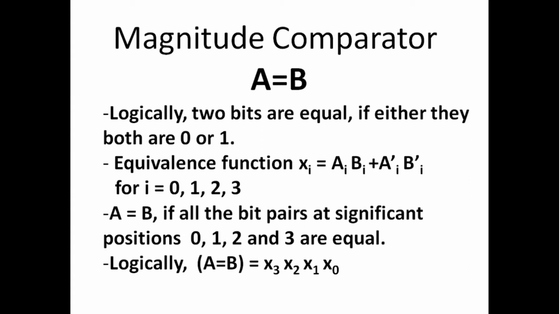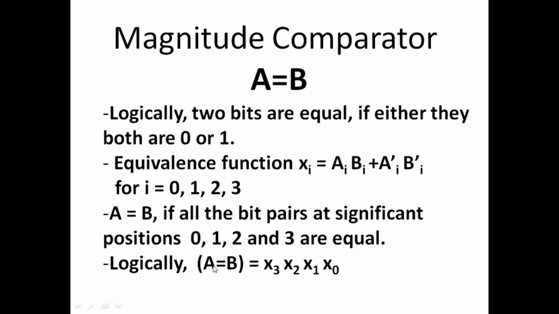So A is equal to B if the two bits at significant position 0 are the same, and also if the two bits at significant position 1 are equal, and if the two bits at significant position 2 are also equal, and if the two bits at significant position 3 are also equal, and there is a dot operator, so we are using the term AND. So if all the bits at all the significant positions are the same, then we can say that A is equal to B.